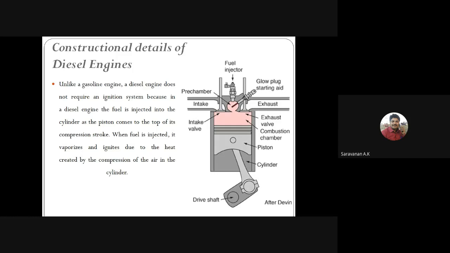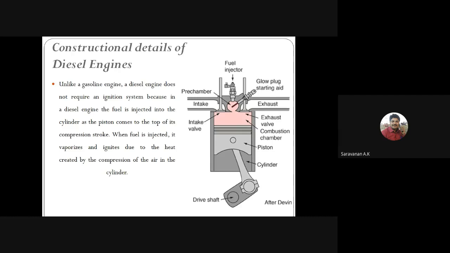The diesel engine is heavier due to the stronger and heavier materials, which withstand the dynamic forces from the high compression pressures present in a diesel engine.